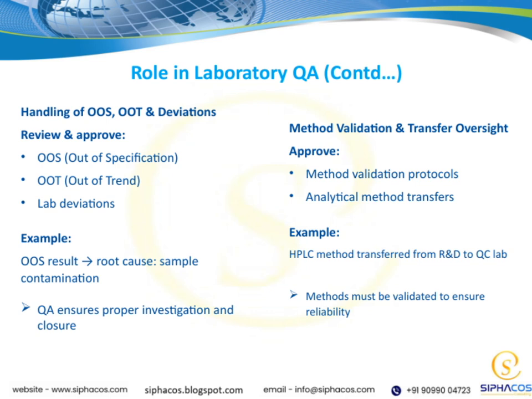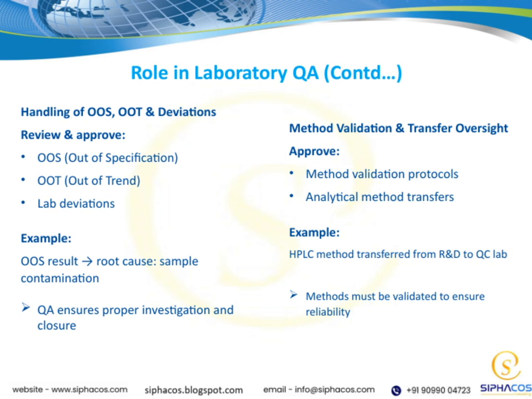This includes handling any issues like out of specification, out of trend, or deviations that may occur during testing. When reviewing and approving these aspects, we look at OOS results, say, a sample contamination that caused an OOS, and determine the root cause. It's vital that QA oversees this process to ensure investigations are proper and that any issues are closed out appropriately.